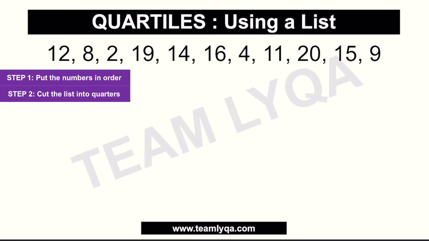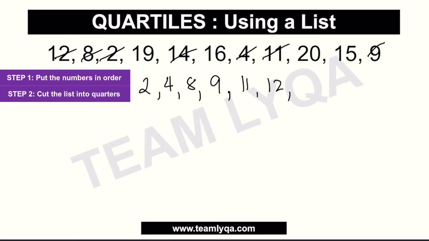Now, ang pinakamaliit is 2. So, sulat natin yung 2. Tapos, meron tayong 4. Tapos, merong 8. This is 9. Tapos, walang 10, pero meron tayong 11. You have 12. 14. 15.